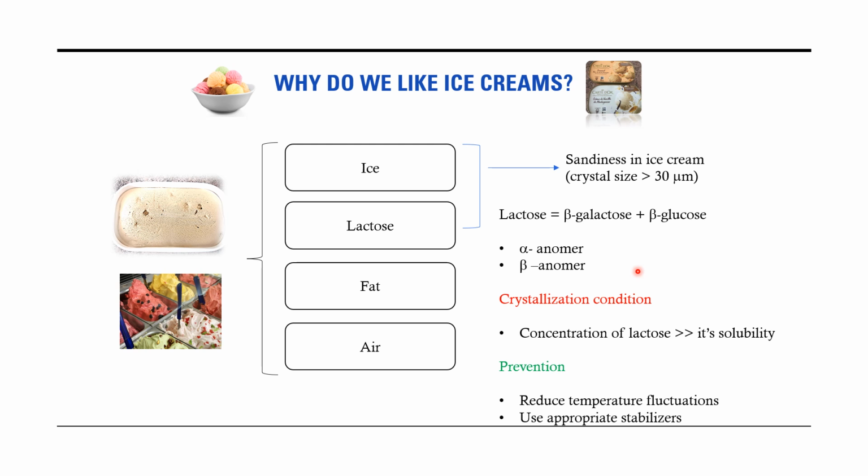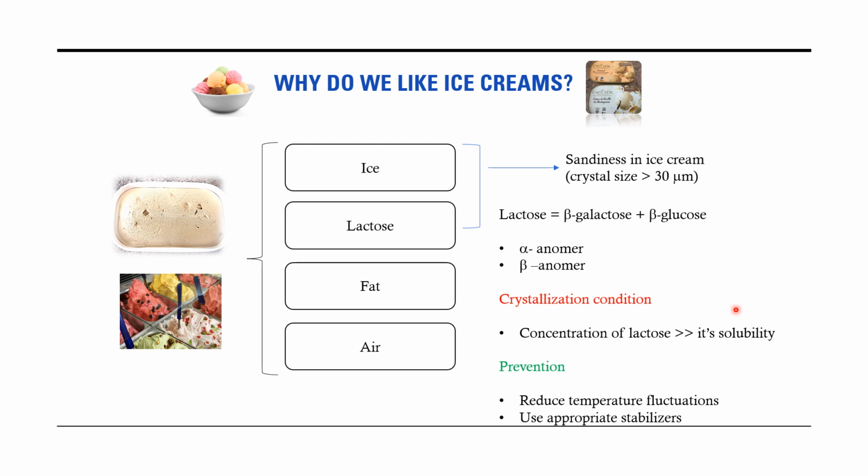This manifests as sandiness in ice cream. Generally, if the crystal size is greater than 30 micrometer, that is when we experience sandy mouthfeel. The optimum crystal size for a pleasant mouthfeel in ice cream is around 10 to 20 micrometer.